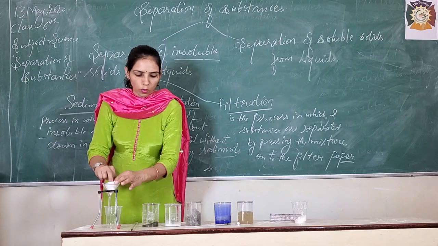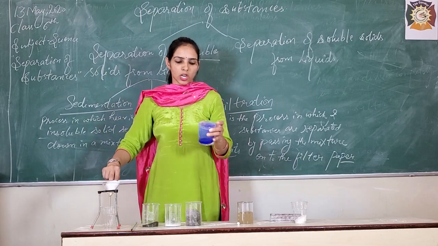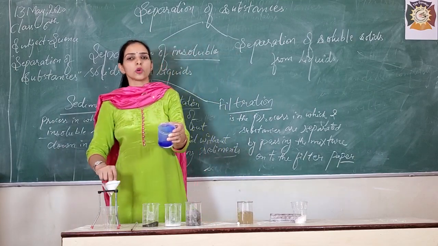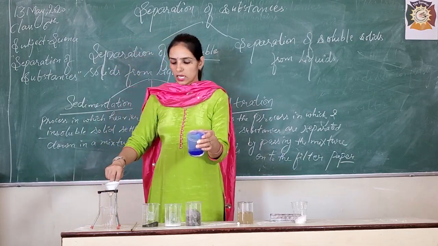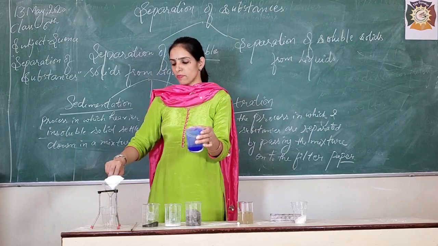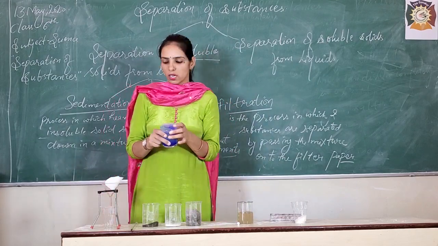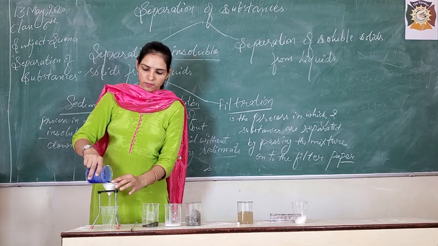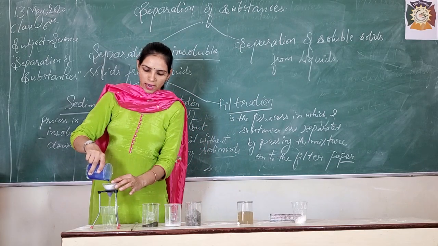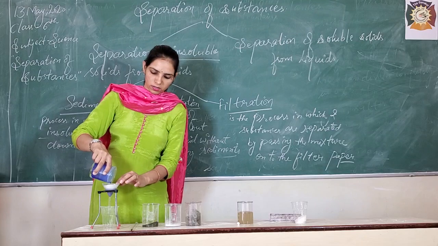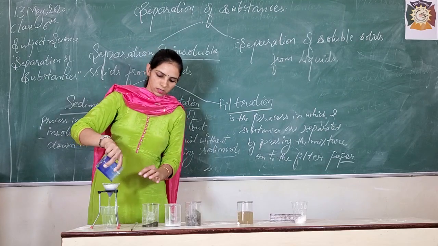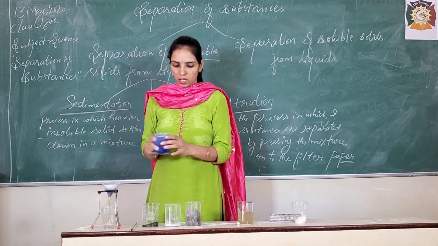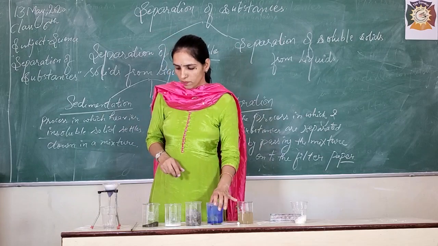And I have some solution, some blue dye mixed in water, so some mixture is there. I'll pass this mixture onto this filter paper in this manner, and you will see what happens after some time.